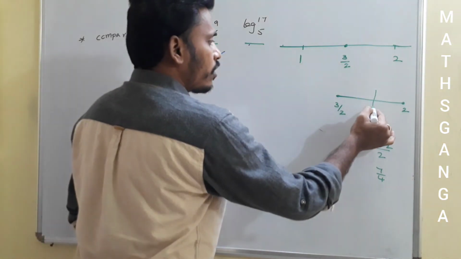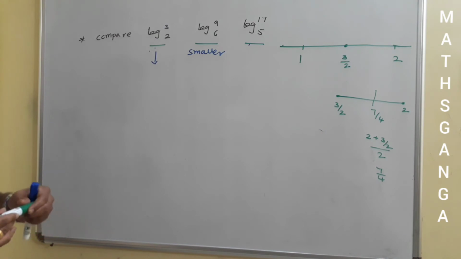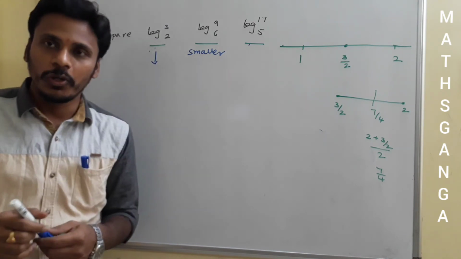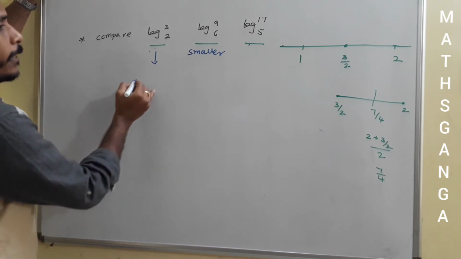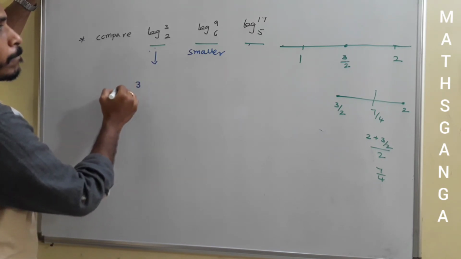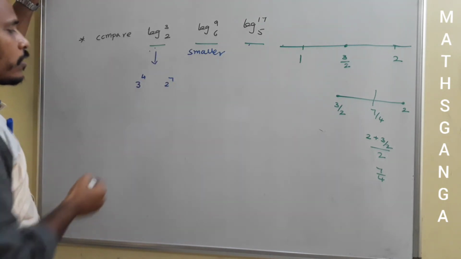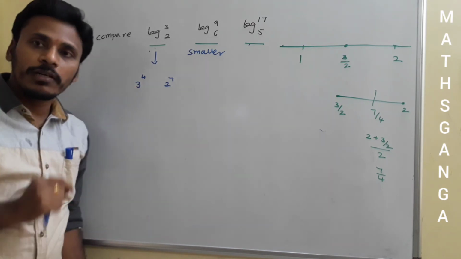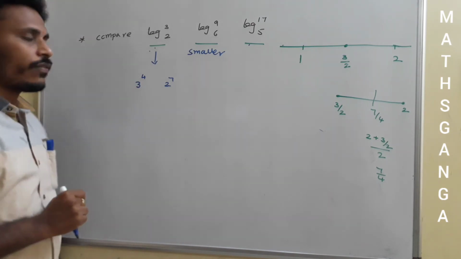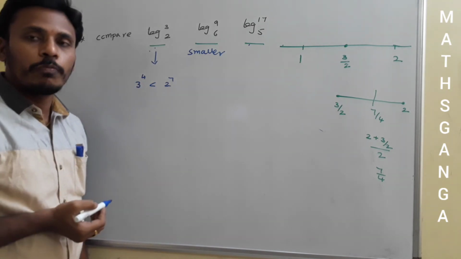So with reference to this 7 by 4, which is the middle number between 3 by 2 and 2, we need to compare now. For that, you need to take 3 power 4 and 2 power 7. First of all, just think about it. 3 power 4 is how much? 81. 2 power 7 is 128. So 3 power 4 is clearly less than 2 power 7.